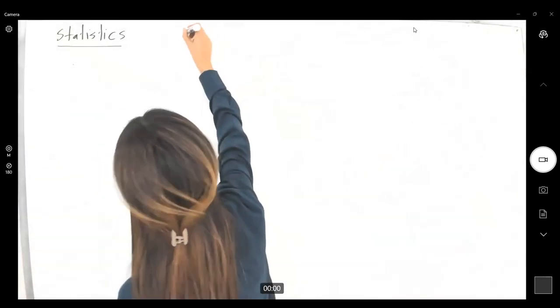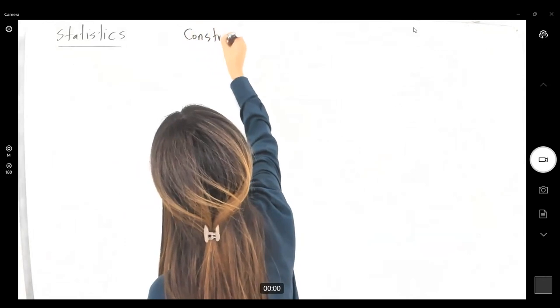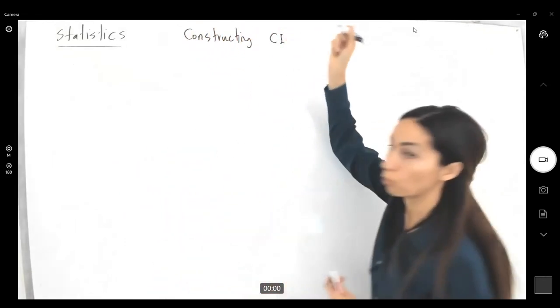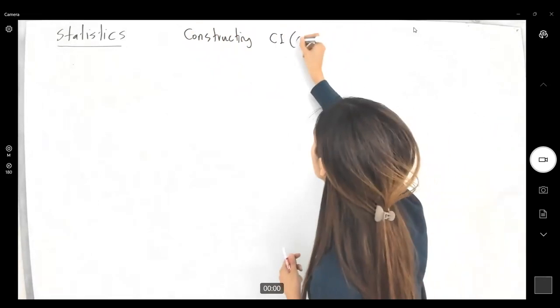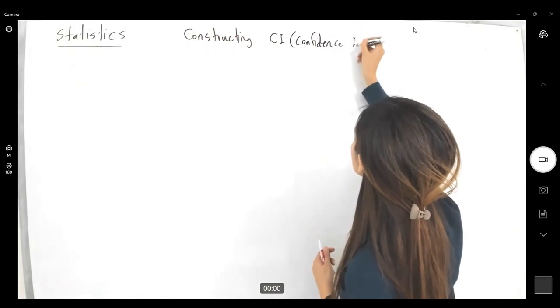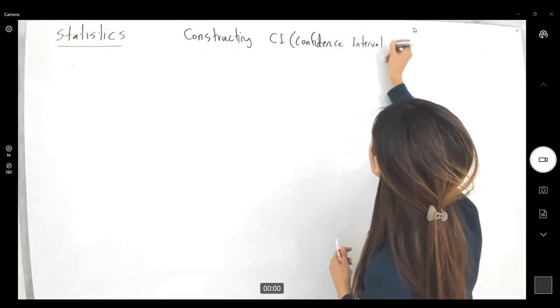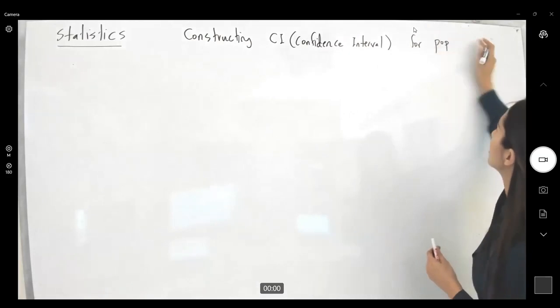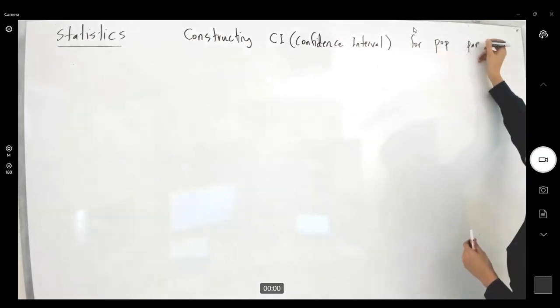Statistics, constructing CI or confidence interval for population parameters.